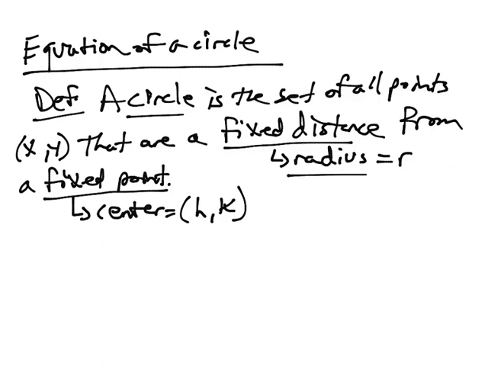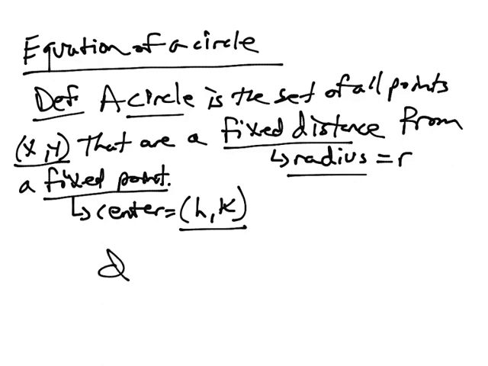So if we look at this definition, we can figure out what the equation of a circle is. What we know is that the distance between x comma y and h comma k is r.